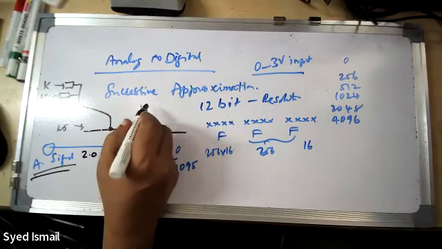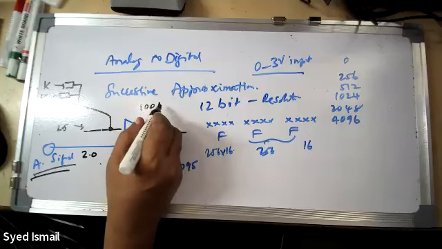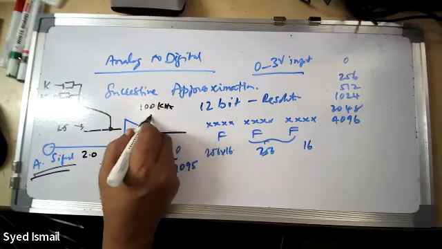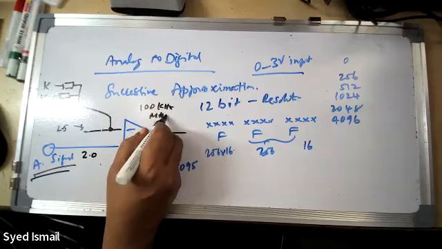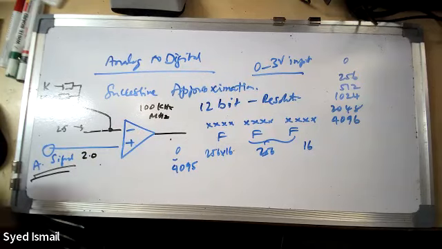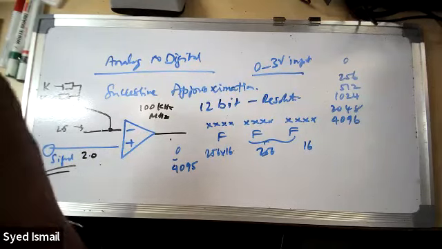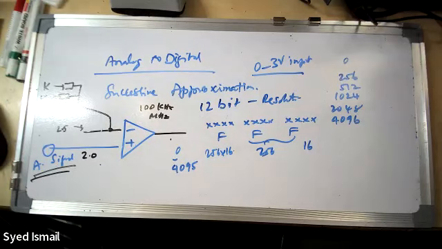You can get 10 kilohertz, 100 kilohertz, and even megahertz nowadays. 100 kilohertz means 100,000 samples in a second you can measure and give in digital form. That's quite big.